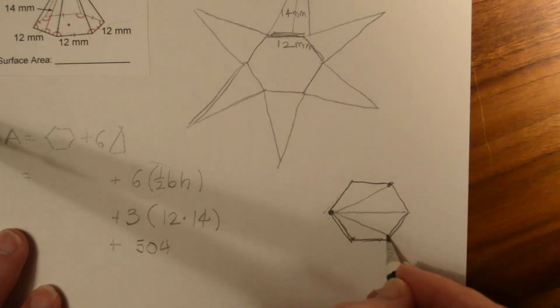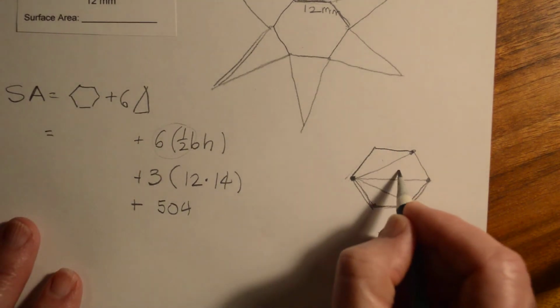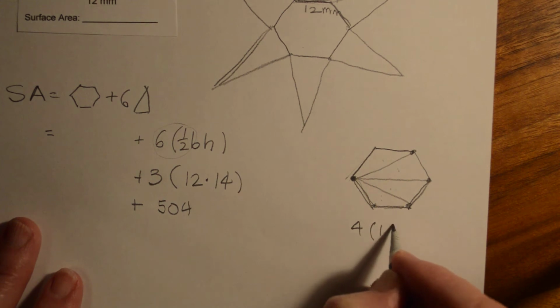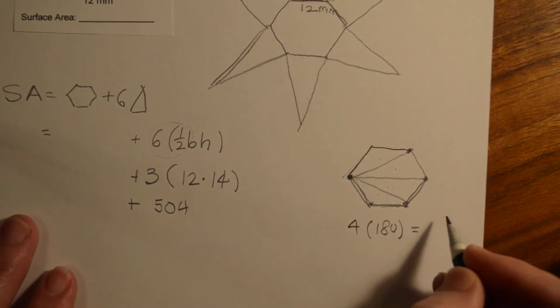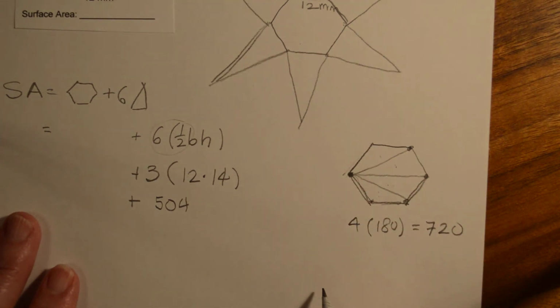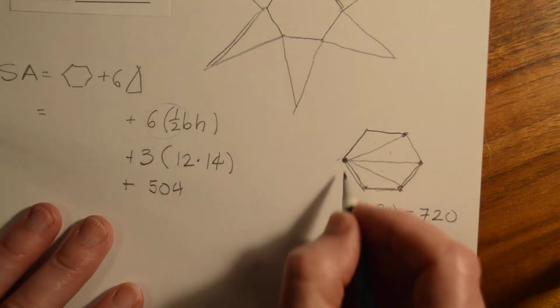So we're going to connect it to this one, and this one. Our little kitty friend is back. Okay, so that makes 4 triangles, each whose interior angles add up to 180. So 4 times 180 is 720. So the sum of the interior angles in this regular hexagon is 720. Regular or not, it's still 720.